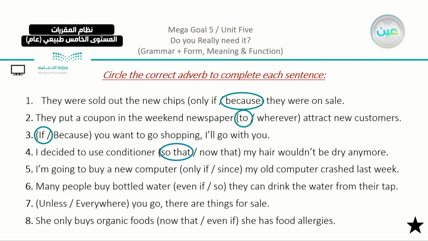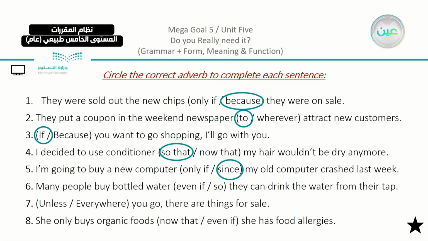Number 5, "I'm going to buy a new computer only if, since my old computer crashed last week." So there's a reason. I'm going to buy a new computer since my old computer crashed. Number 6, "Many people buy bottled water even if so they can drink the water from their tap."